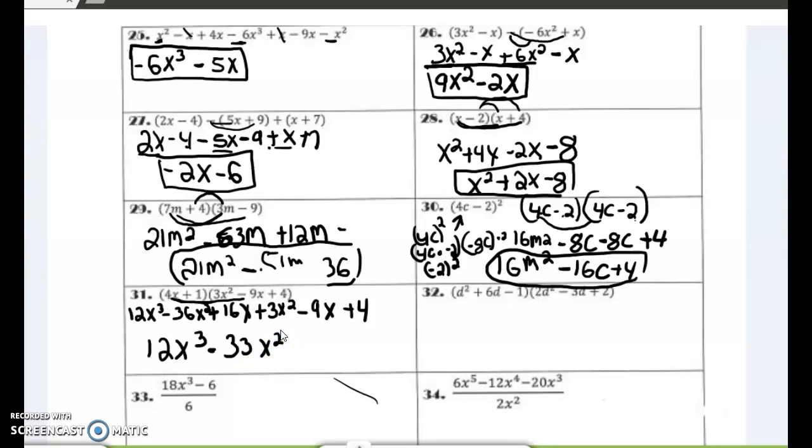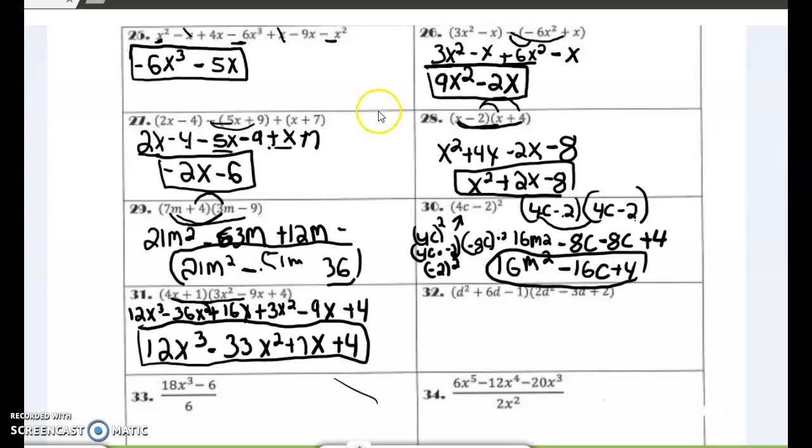Then we have a 16x minus a 9x, which would give me a positive 7x. And I believe we only have one constant, nothing to combine it with, and look at that big long answer. It's a polynomial, more than 3 terms, to the third power, cubic.